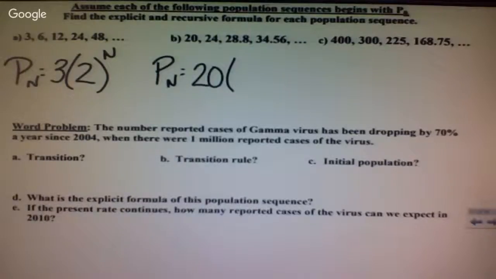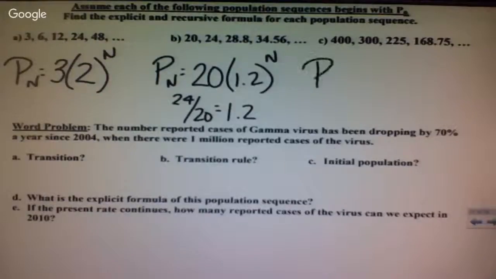It's 1.2. Again, you can get that by picking 24 and dividing by 20. That gives you your r value, raised to the n.